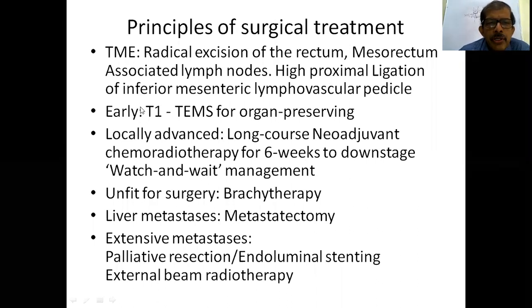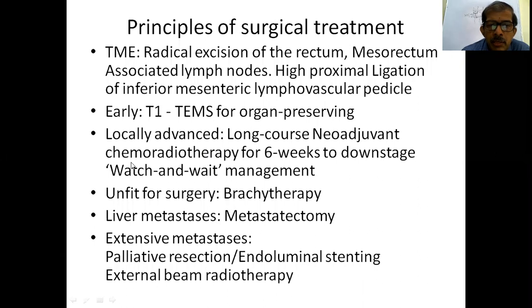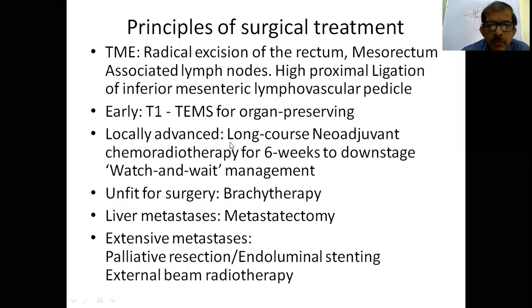For early T1, which means it has just penetrated into the submucosa, that's all, for that transanal endoscopic microsurgery can be done. Whereas for locally advanced, what you can do is first give a course of neoadjuvant chemoradiotherapy. Here, a term you have to remember: it's simply not either radiotherapy or chemotherapy alone. It is chemoradiotherapy.